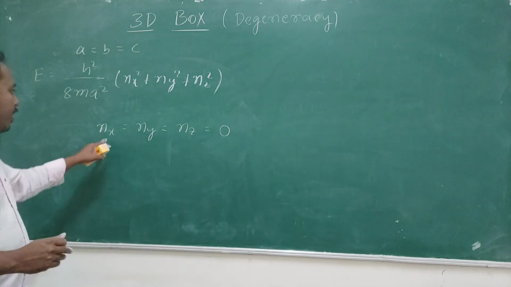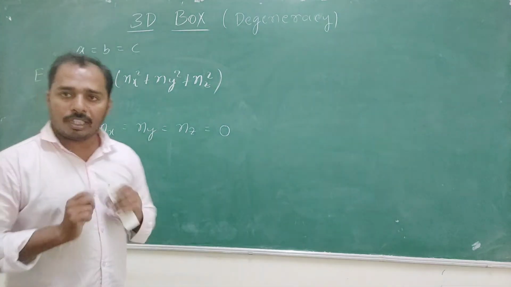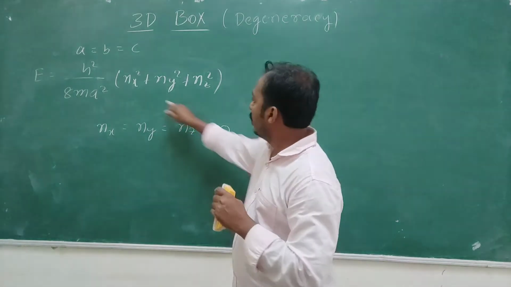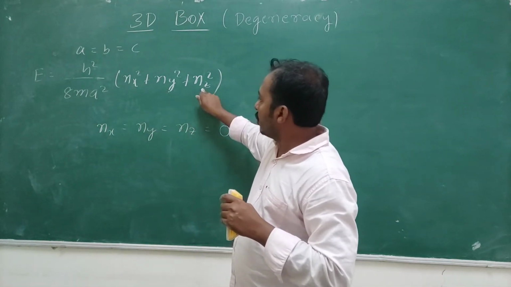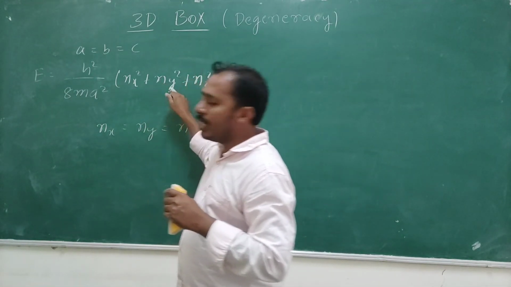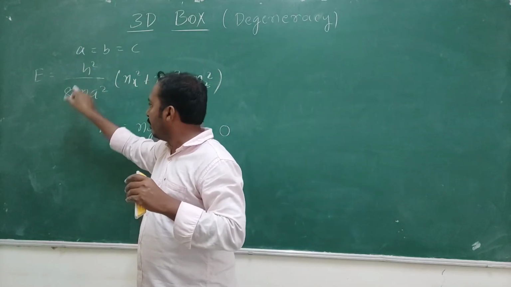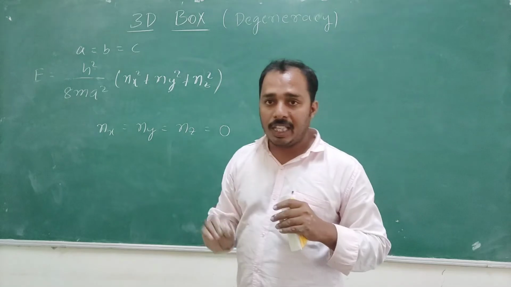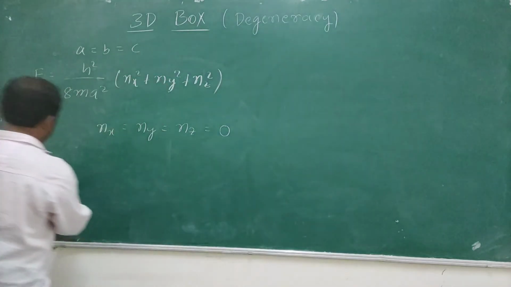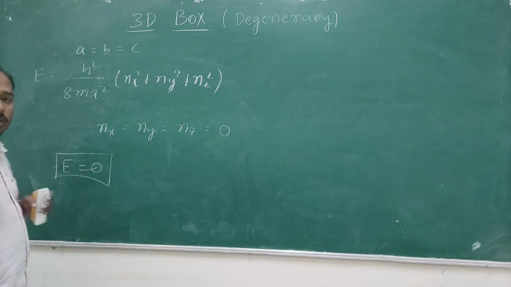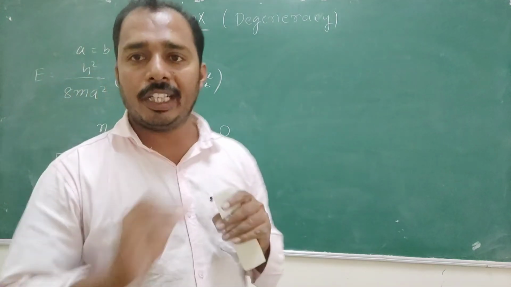What does the equation become? Substitute 0: 0² plus 0² plus 0² is 0 plus 0 plus 0. We have 0 into h² divided by 8 m a², which gives 0. So E is equal to 0.